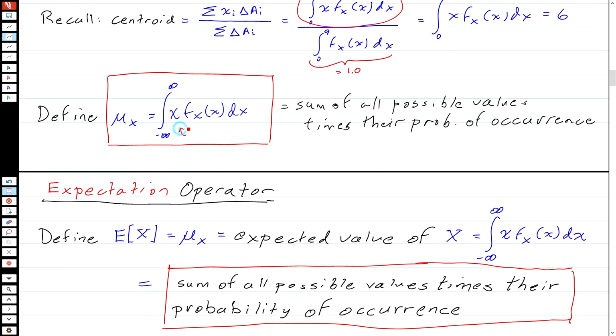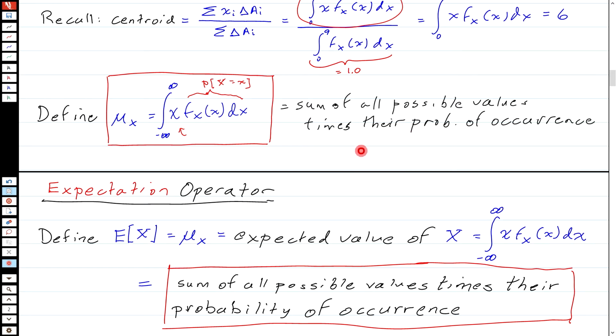That's the all possible occurrences, and this part here is the probability that x takes on that particular value. So sometimes it's useful to remember this general definition: mu of x is the sum of all possible values times their probability of occurrence.